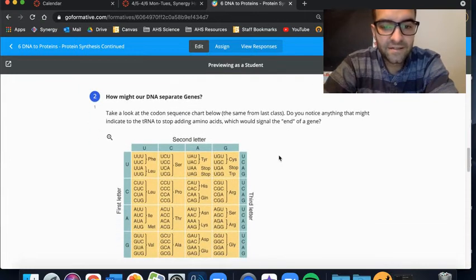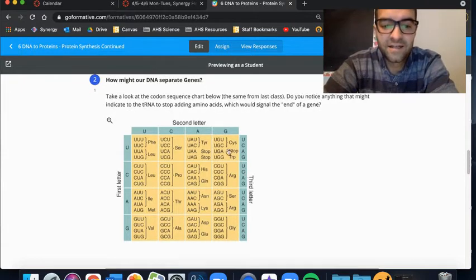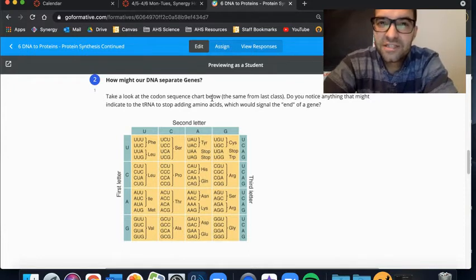With that, I wanted us to look at this codon chart. We practiced taking mRNA and creating these amino acid polypeptide chains. I wanted us to look at how our DNA signals to the mRNA and to the ribosome and so forth.